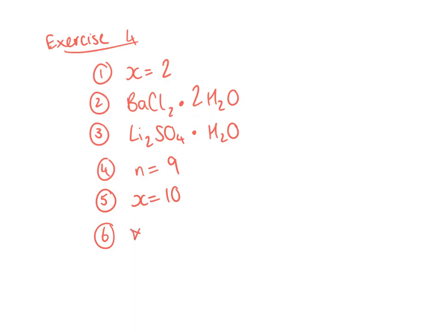Number 6 is different. If you can't get it, don't worry too much about it. But essentially you need to remember that when you heat your hydrated salt, it will form the anhydrous salt and 6 waters.